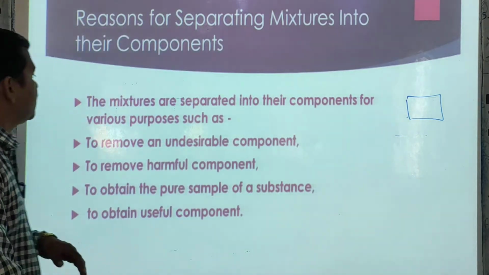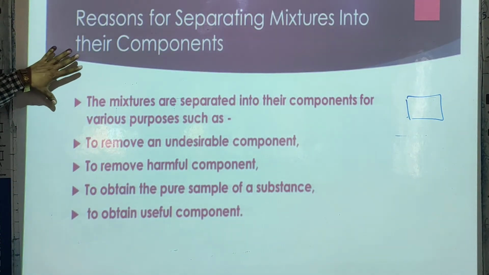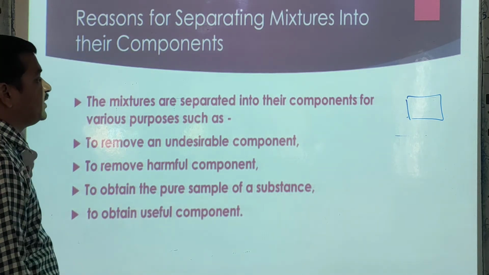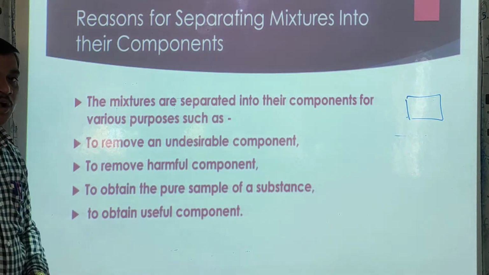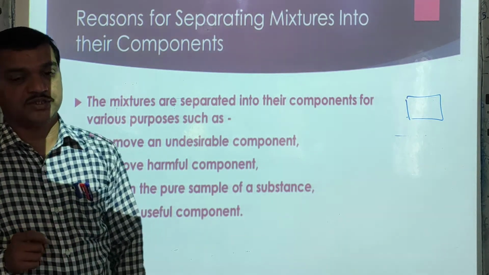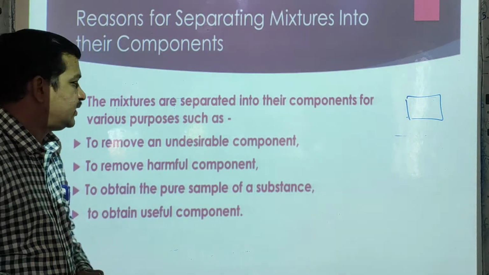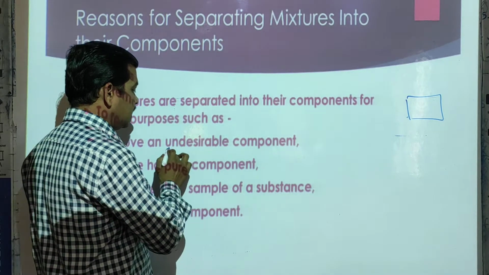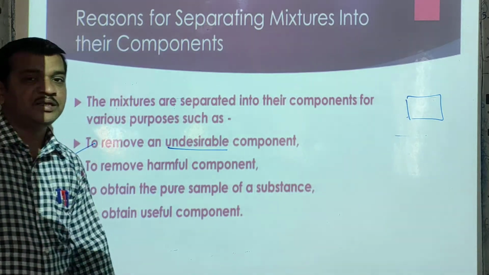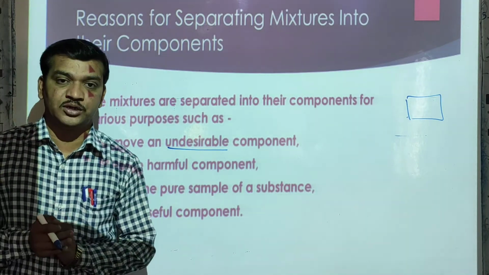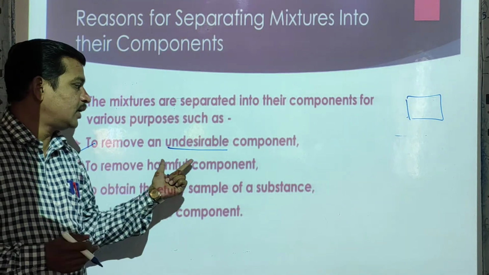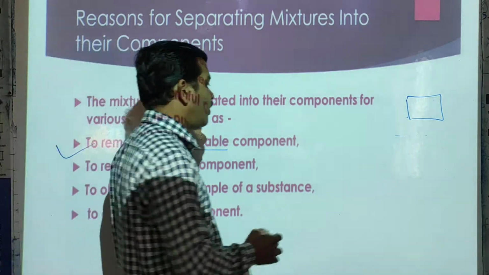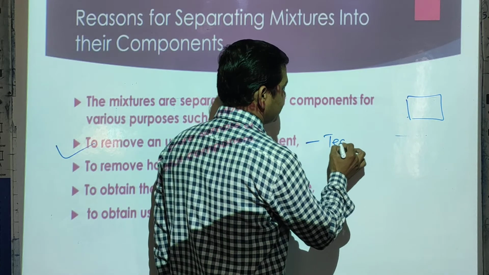Now, mixtures are separated into their components for various purposes. First, to remove an undesirable component. Undesirable means unwanted component. For example, tea.